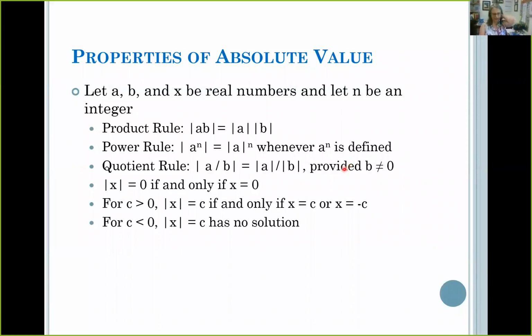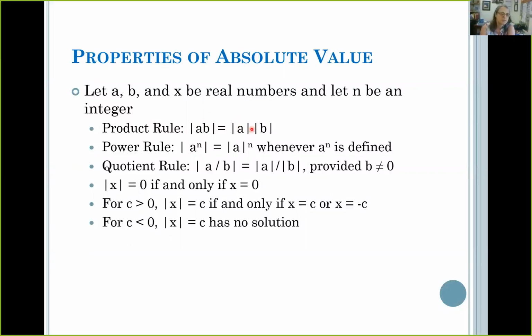So let's talk about some rules for manipulating absolute values. If you've got the absolute value of a product, say the absolute value of A times B, that's the absolute value of A times the absolute value of B. For example, if we take the absolute value of (-3 times 2), we could multiply -3 times 2 to get -6, and the absolute value of -6 is 6.